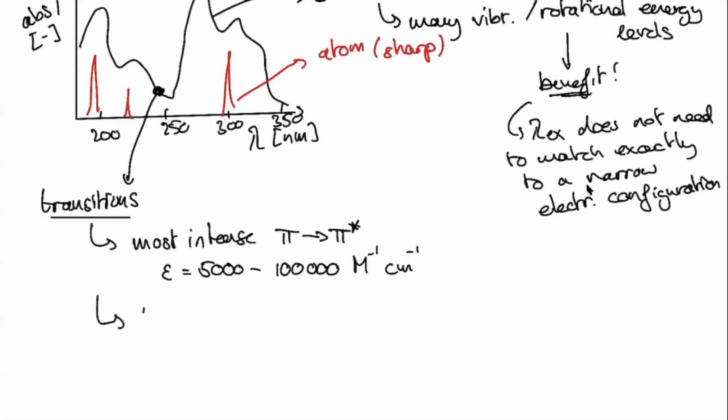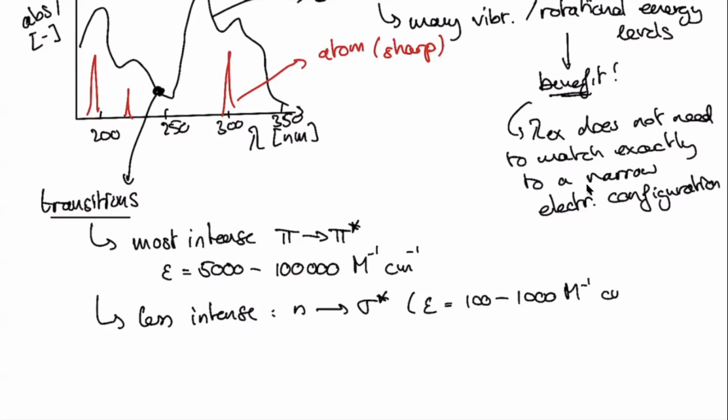Less intense would be sigma to sigma star transitions, which are, let's say, 100 to 1,000 per molar per centimeter, and n to pi star would be 1 to 400 per molar per centimeter.